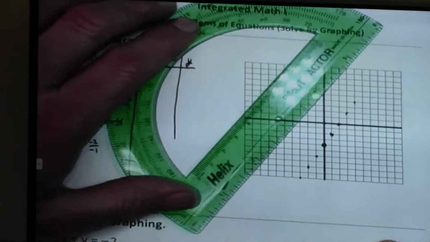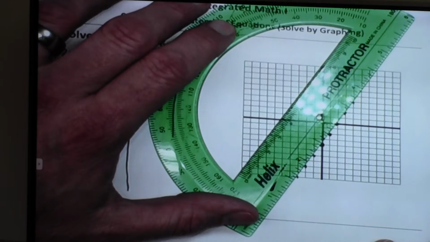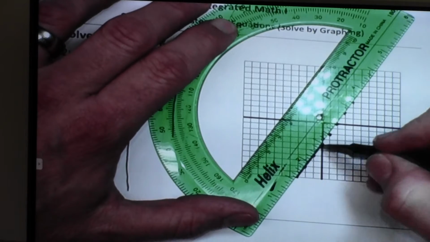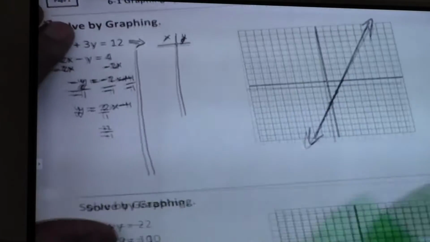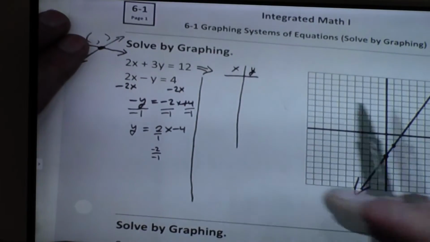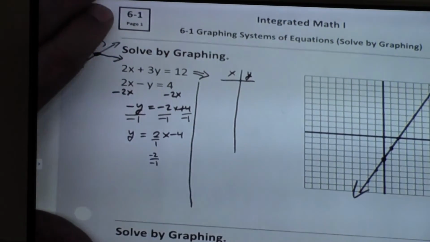So let's use a straight edge to draw that line. One of the points on this line is going to be the correct answer. When we graph the other one and intersect that line, we will get that correct answer.